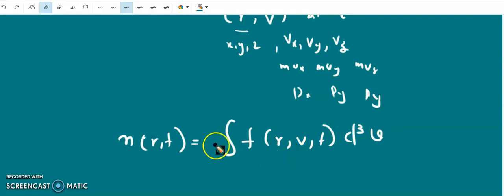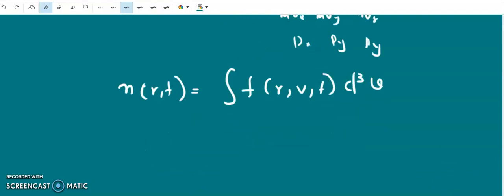We get the number density at a particular position and time. When we integrate it over v, this is a definite integral, and finally it is independent of the velocity components, and the number density at a particular position and time can be obtained.